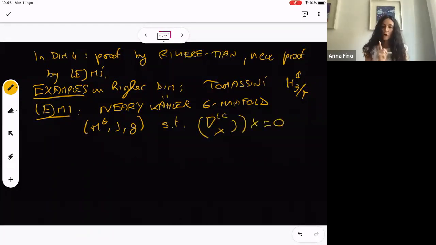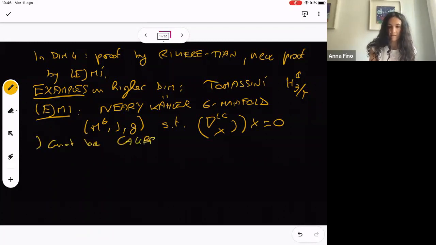He showed that in that case, such J cannot be calibrated by any symplectic form. So there are examples in 6 dimensions that cannot be calibrated by any symplectic form.